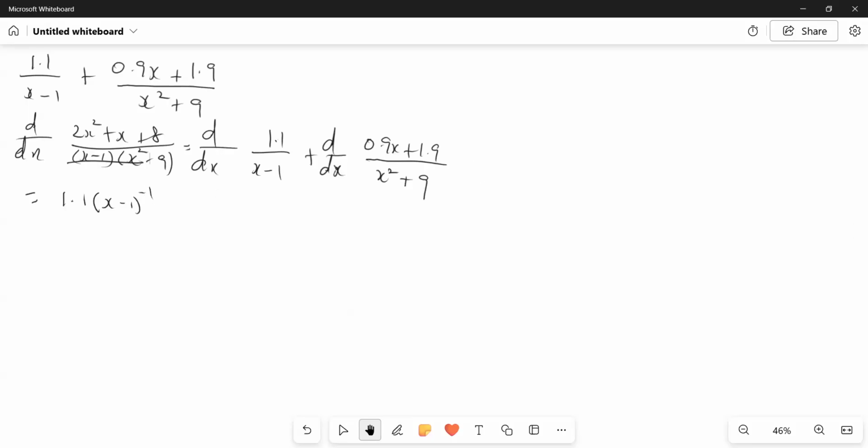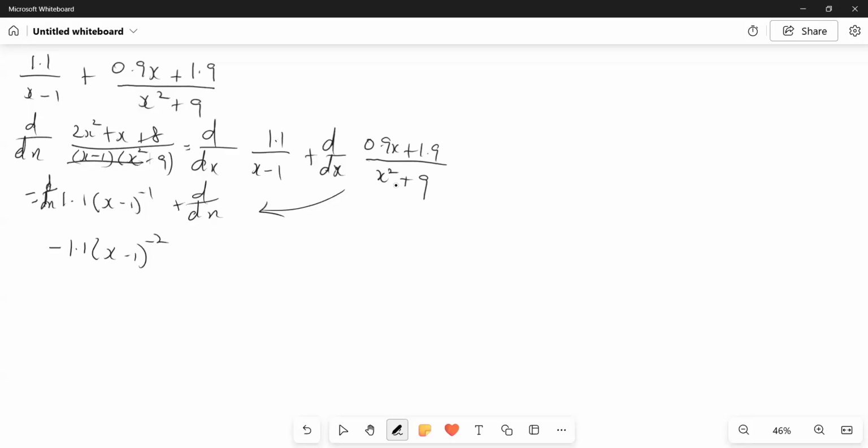This becomes, we could leave this instead of changing it to a product, right? We can treat it as a quotient, right? We could treat it as a quotient. We'll get what? Let's see. d/dx of that plus d/dx of, I'm going to write back the same thing, right? Good. So this, when you differentiate that, you get minus 1.1 times, minus 2, right? When you differentiate this now, what is it?